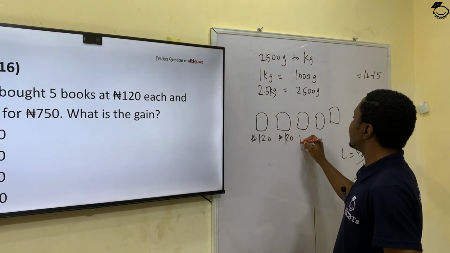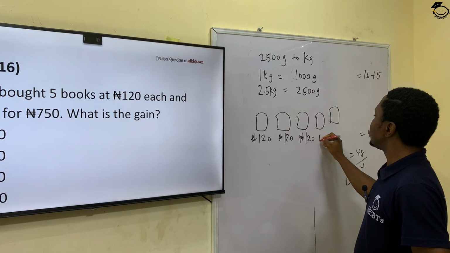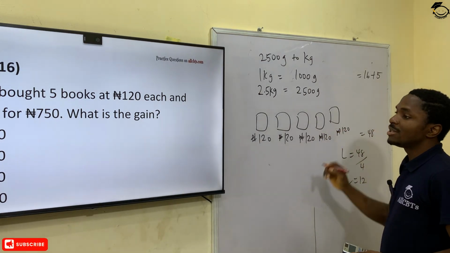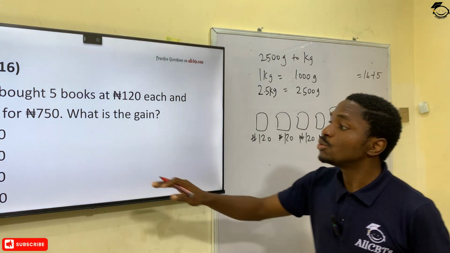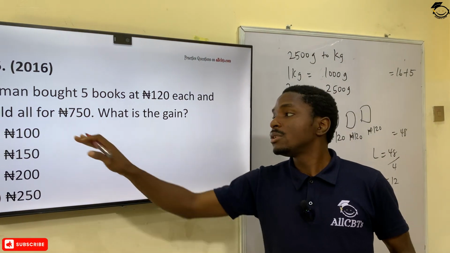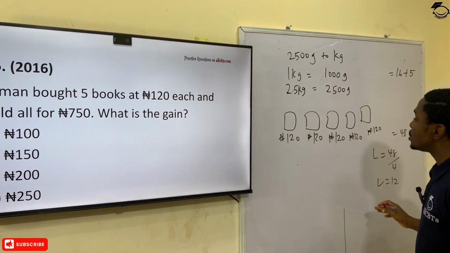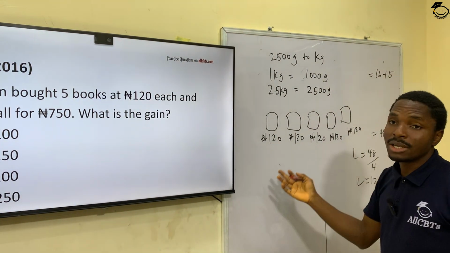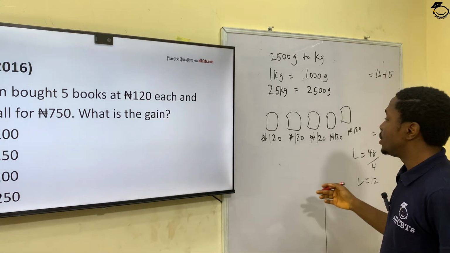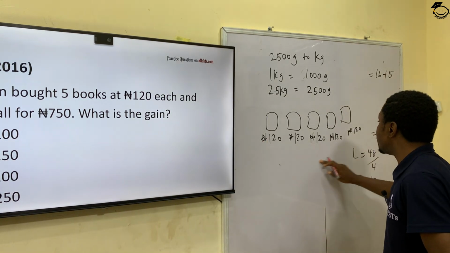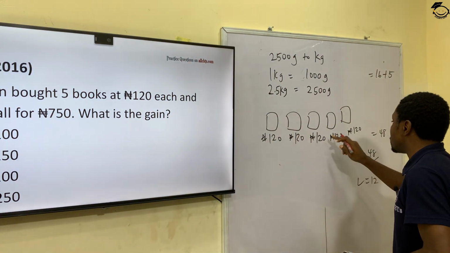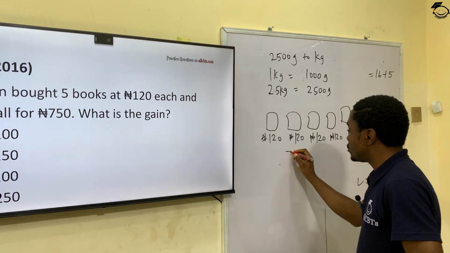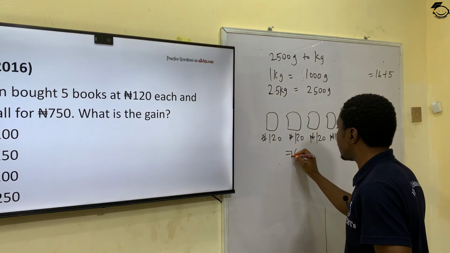He sold all the 5 books for 750. So the first thing is to know the total cost price. We've already seen a question like this before. The total cost price for all these books is 120 times 5, and that will give you 600 naira.